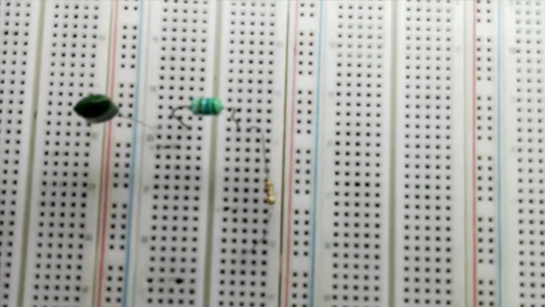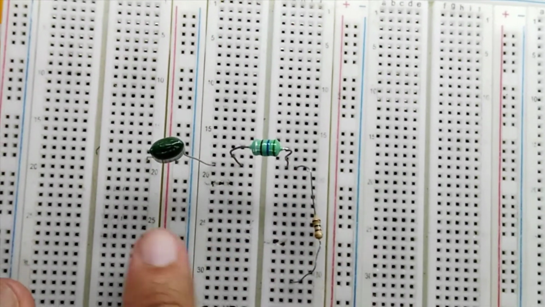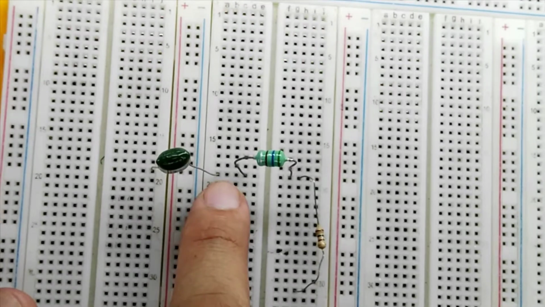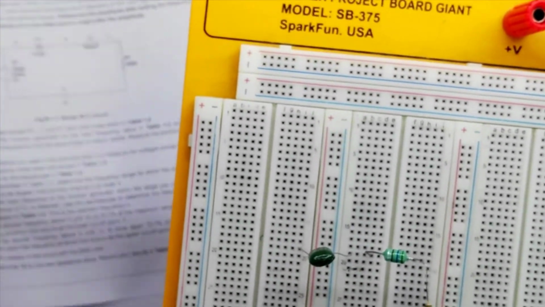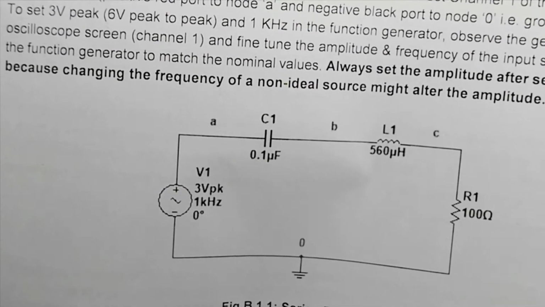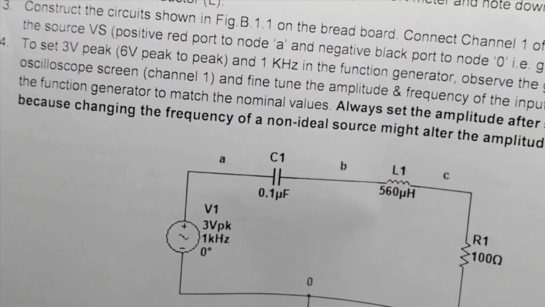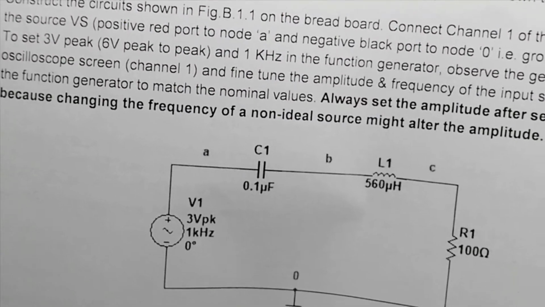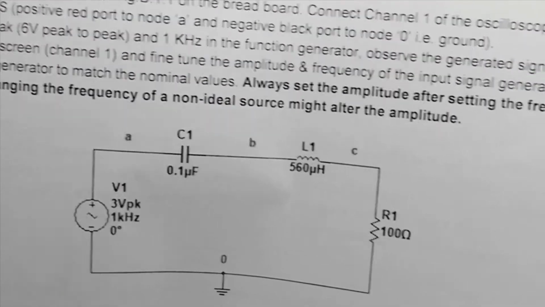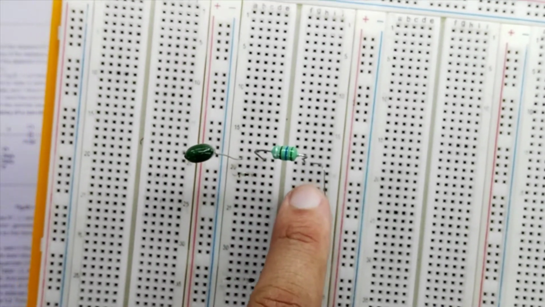So we have placed the capacitor, the inductor, and the resistance in series. According to our circuit diagram, the node between the capacitor and inductor is node B, and between the inductor and the resistor is node C. So this would be our node B, and this is our node C.